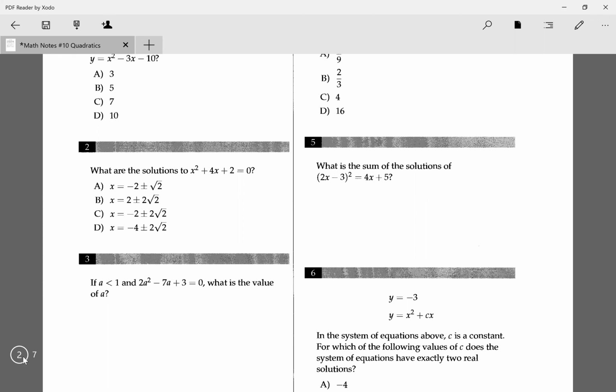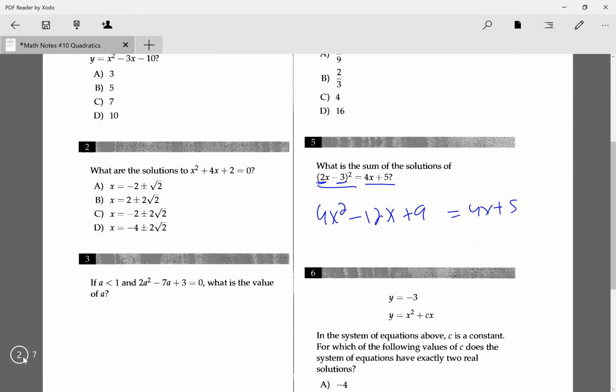Here, instead of solving for the solutions of the quadratic, first expand all this and put everything on one side. So that would be 4x squared, minus 12x. To find the middle value, it's 2 times this value times this value. So 2 times 2 is 4, times negative 3 is negative 12x, plus 3 squared, which is 9, equals 4x plus 5.